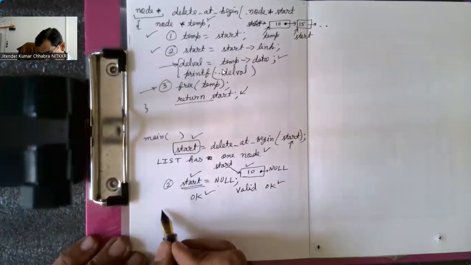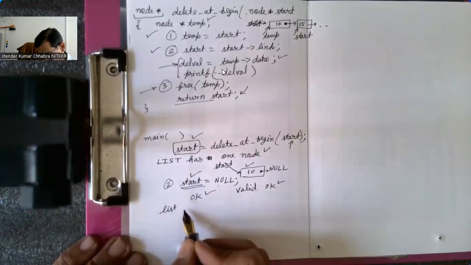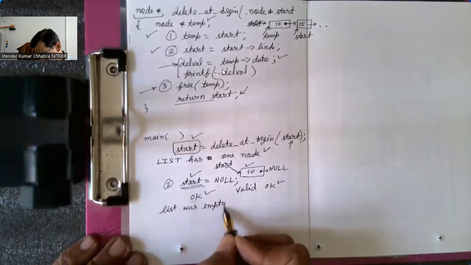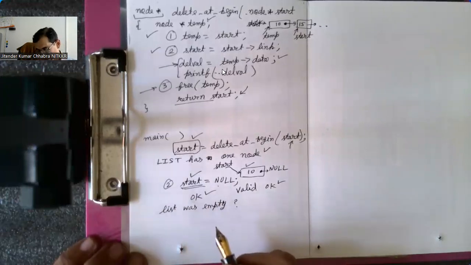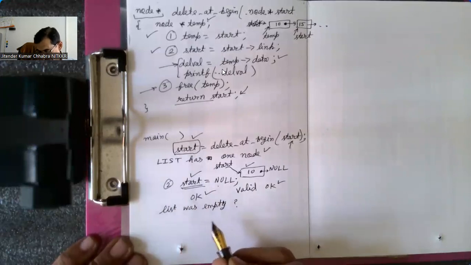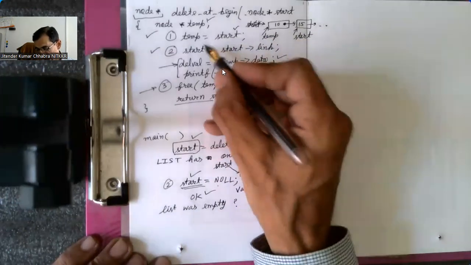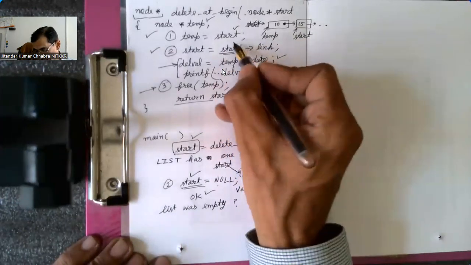Just imagine if the list was empty. Of course, that's an invalid situation. We are just verifying whether that situation will work well or not. We have written the code for valid situations, but for invalid, what will happen? Temp equal to start, start is empty, perfect. Start equal to start arrow link.